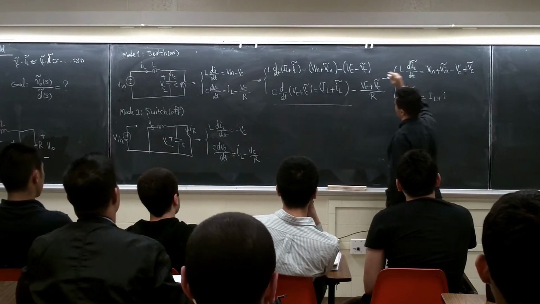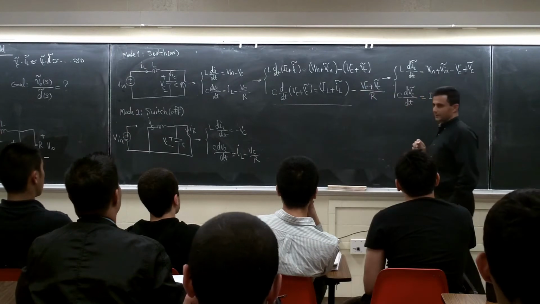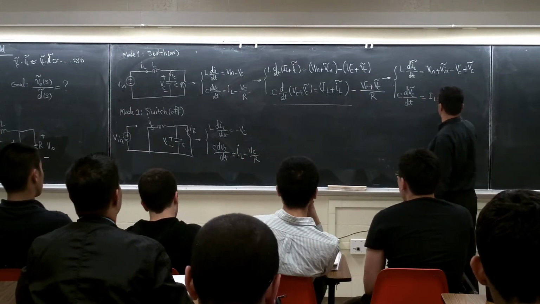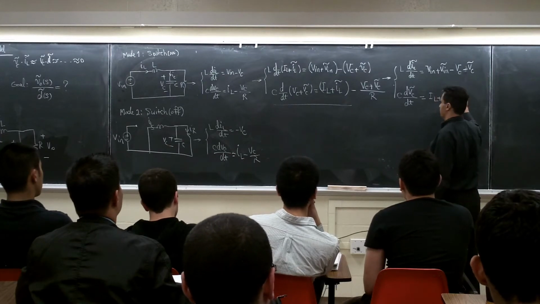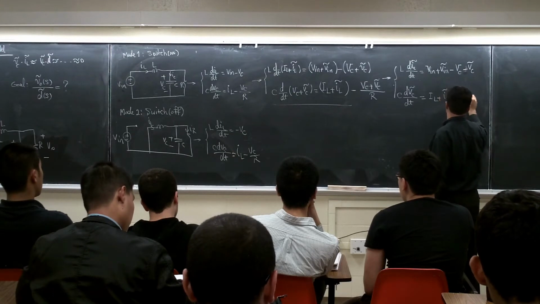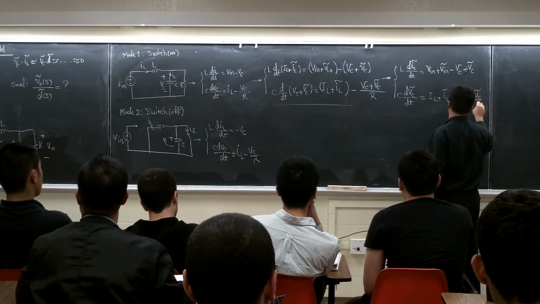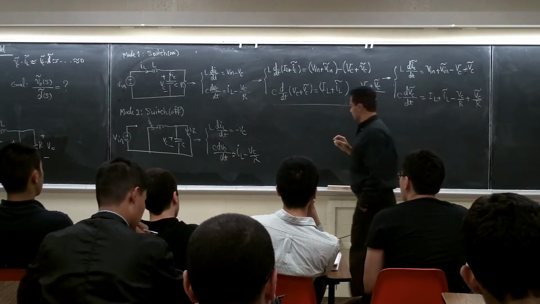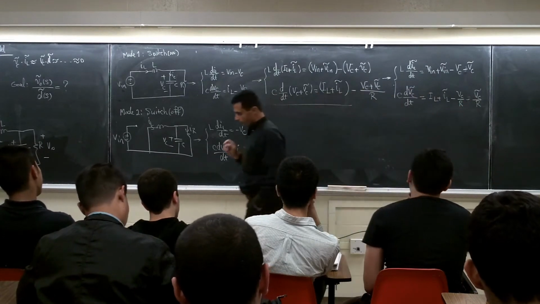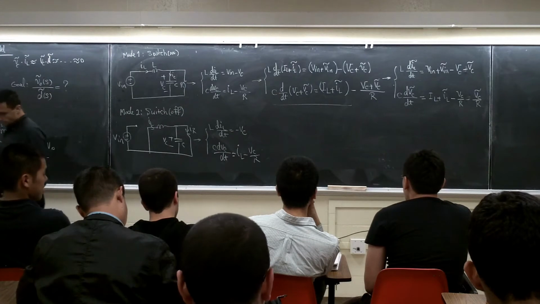Oh, this one should be plus. So IL tilde minus Vc over R plus Vc tilde over R. So we have this one.